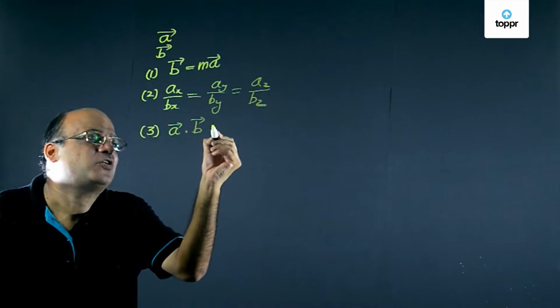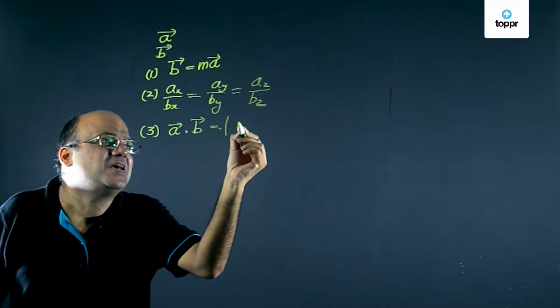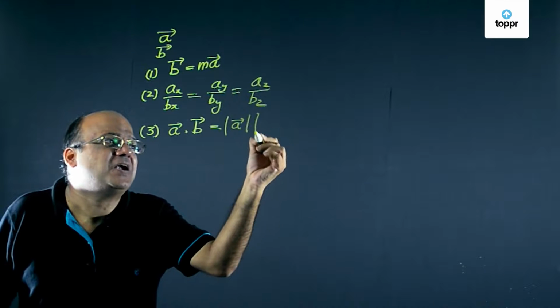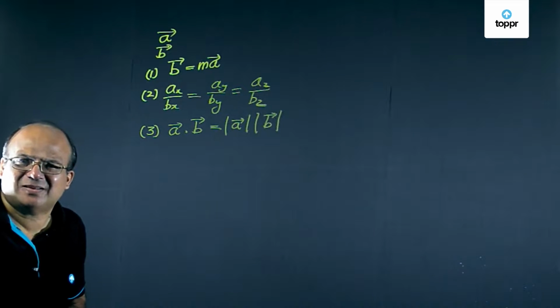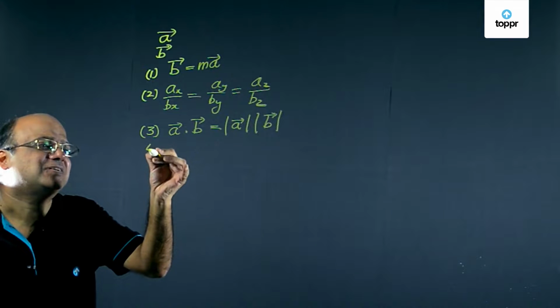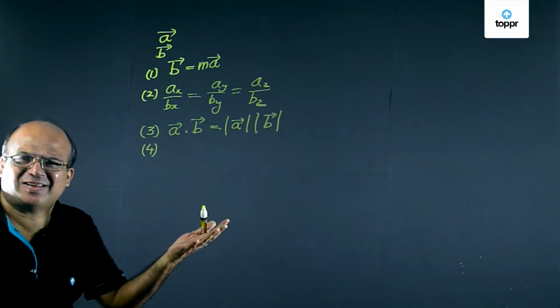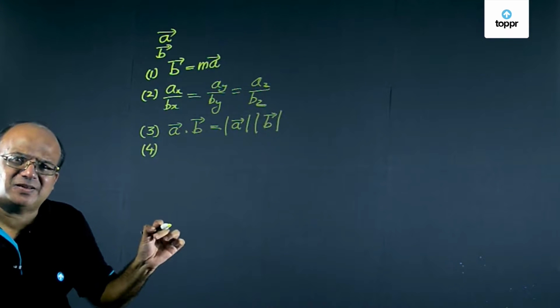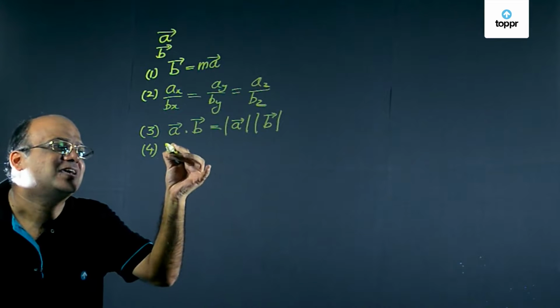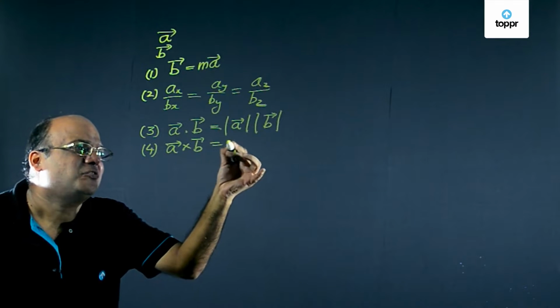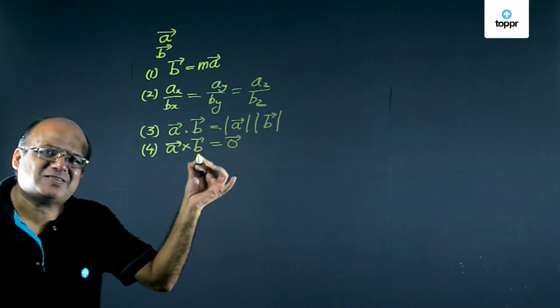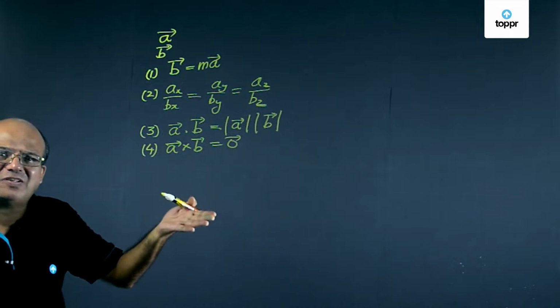So if A vector dot B vector is same as magnitude of A multiplied by magnitude of B, then the vectors will be parallel. And the last method, we discussed that earlier: vectors are parallel if their cross product is equal to null vector. So we can check whether vectors are parallel by using any of these 4 methods.